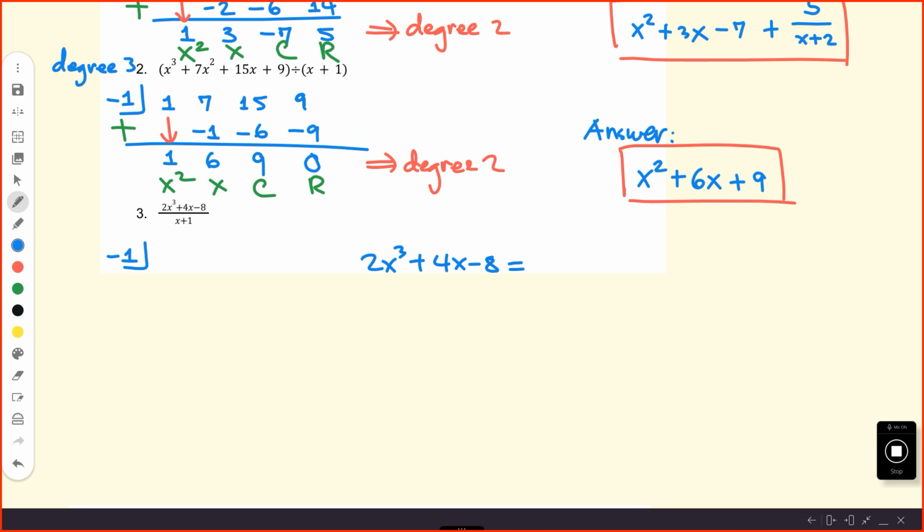It's the x squared term. Yes, we don't have an x squared term here. So I can write this as 2x cubed plus 0x squared plus 4x minus 8. Now, this is the common error of some students. I can see on the homework from the long division method, some of you were not able to put a placeholder. Okay, it's gonna mess up everything if you don't have this.